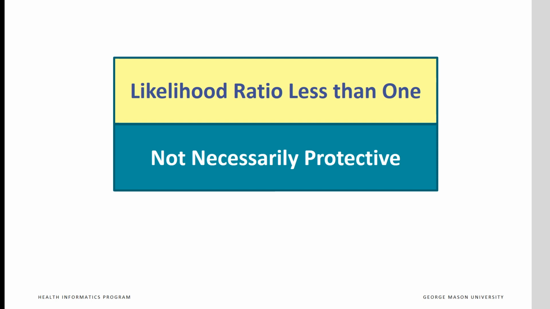For the most part, there is no such thing as a protective disease. The likelihood ratio is reducing the risk compared to prior odds, which reflects what happens on average. It does not really reduce the risk of death if compared to a non-diseased patient. It's not really helpful to be sick. What it says is that the odds of the patient dying is less than the average.